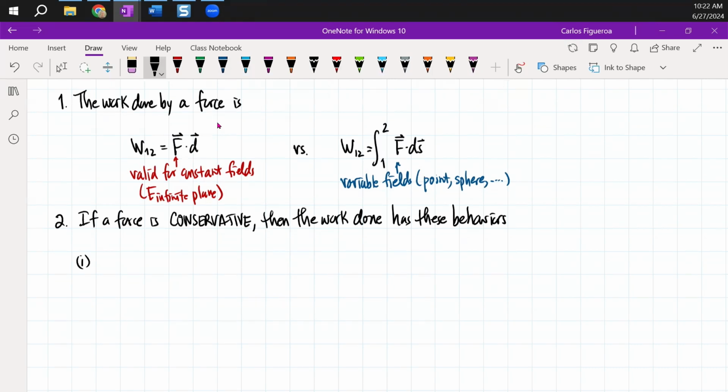The first one is path independent. Path independent implies it only depends on the endpoint.